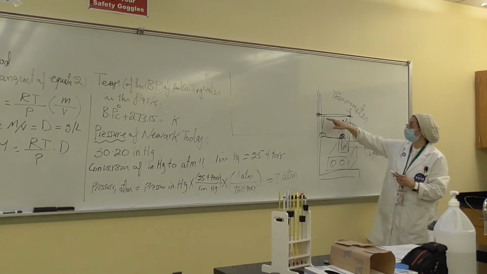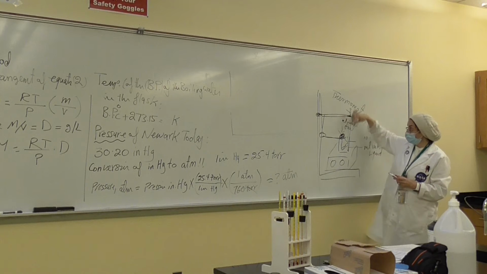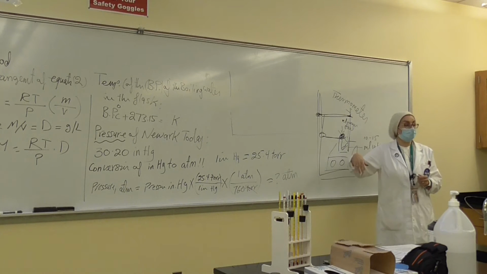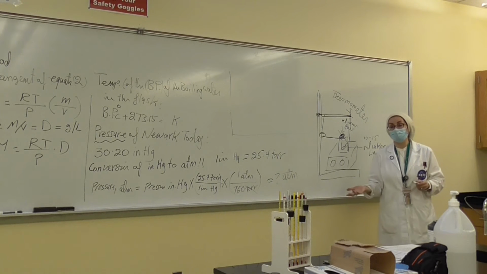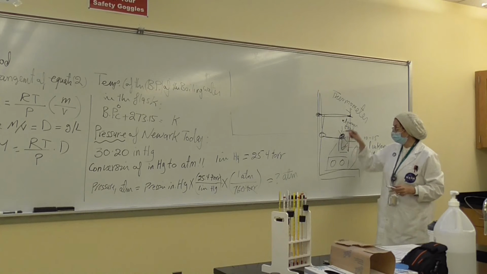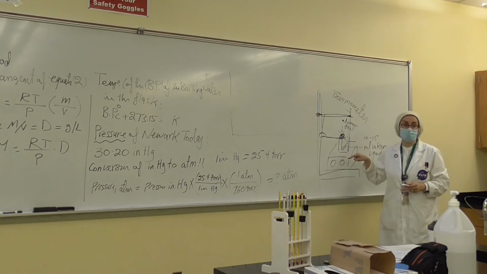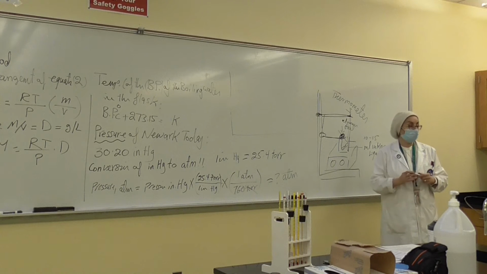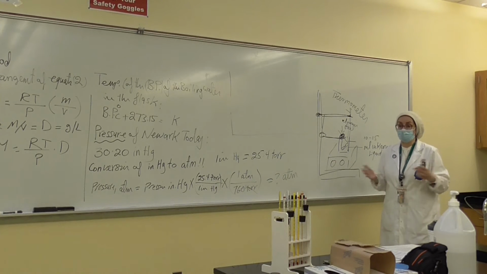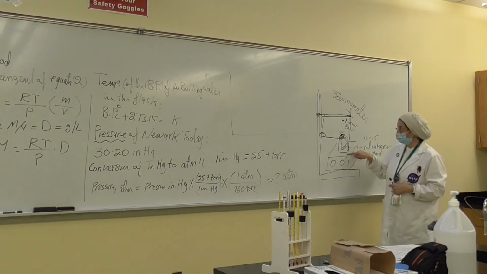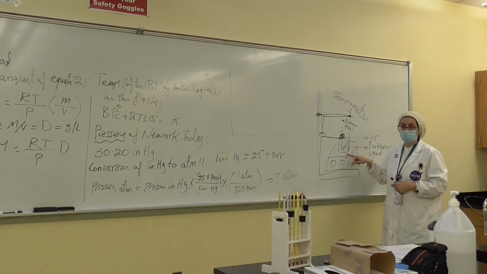So therefore we need to clamp it to let it stay submerged in the water, because we're going to measure the temperature of the water. You don't put it inside the flask. No, it is outside in the beaker, because we want to measure the boiling temperature of the water. But don't let it touch the bottom, okay?